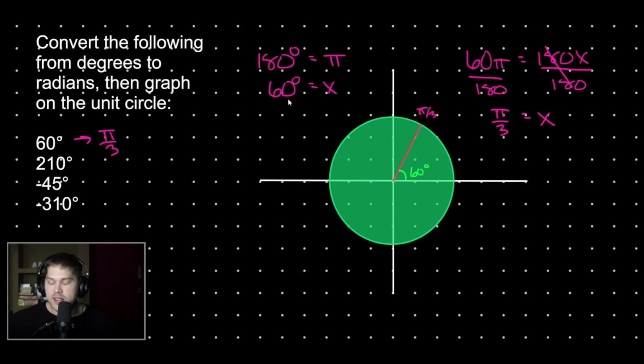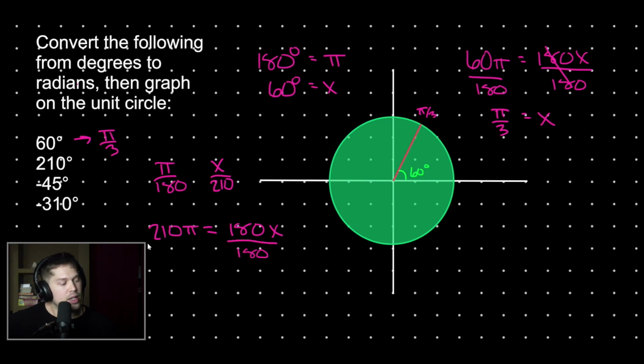So again, these are just setting up a simple proportion. We know that pi is to 180, and so 210 is going to be to some unknown amount of radians. Then we can just cross multiply to solve. So 210 times pi is 210 pi, and this equals x times 180, or 180x. Next, we can divide both sides by 180 and simplify and solve.